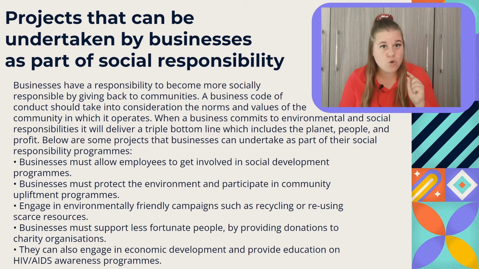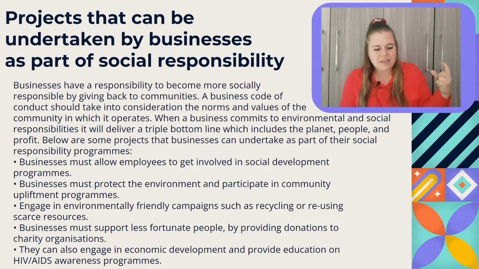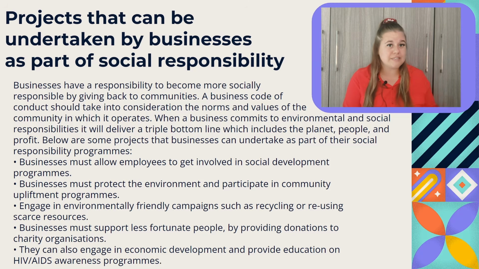Please make sure you know what the triple bottom line is. It's those three. It's a nice little short question that they like to just squeeze in there, and because it's part of this information, you might just overlook it. Very important. People, profit, planet. The 3 Ps, triple bottom line. So here are some projects below.